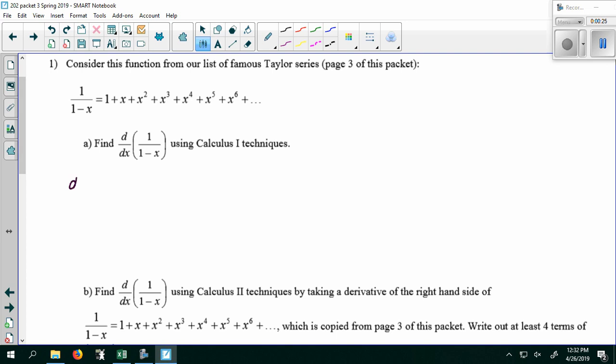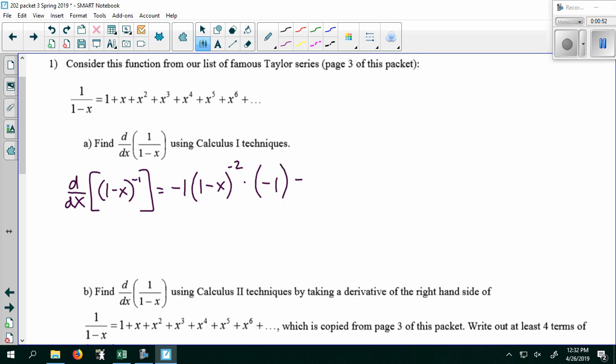So I want to take d dx of 1 over 1 minus x, which I could rewrite as 1 minus x to the negative 1. And then I would take the derivative by doing the power rule. This is some stuff to the negative 1. So this is negative 1 times the stuff, reduce the exponent by 1, and then multiply by the derivative of the stuff, which is negative 1.